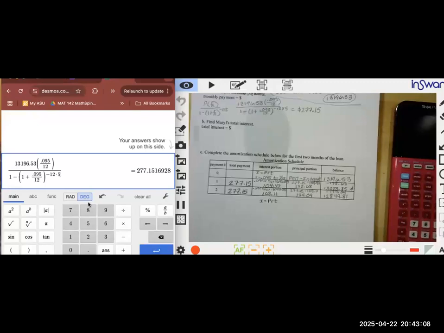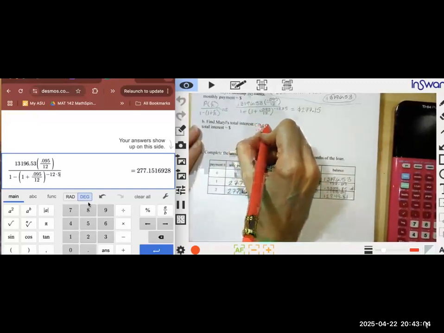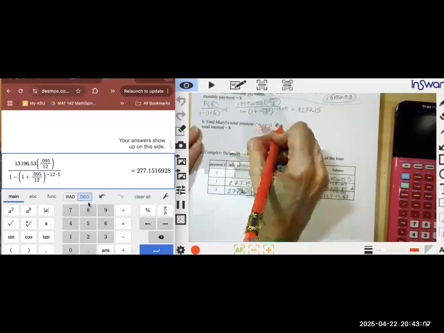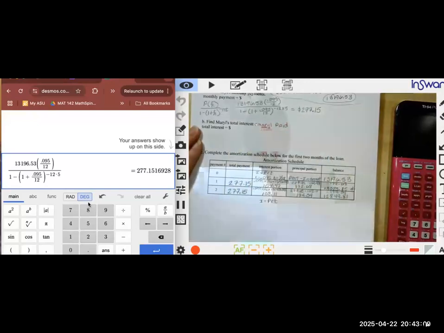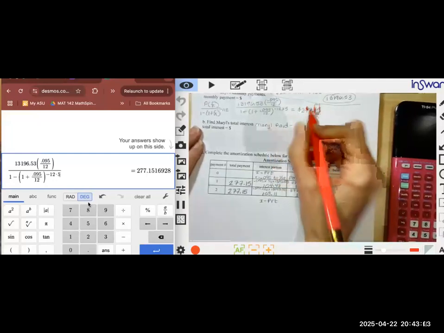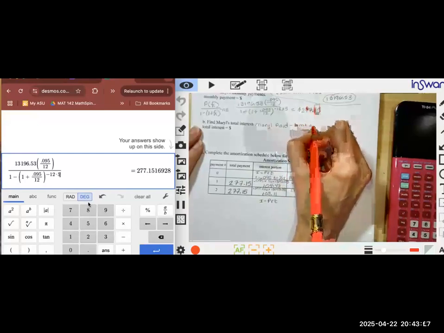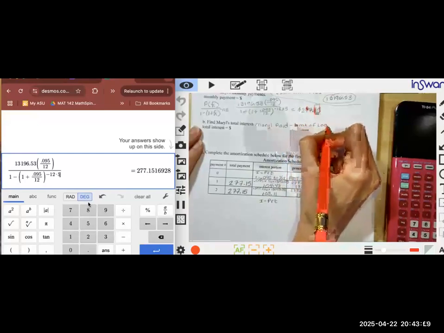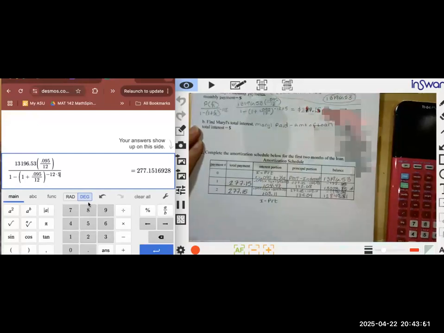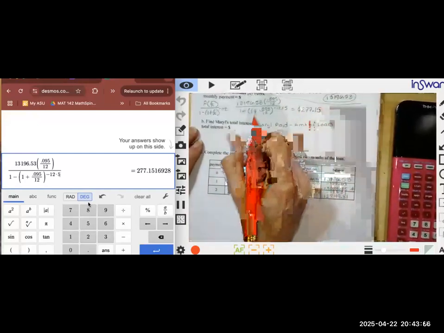We need to figure out how much Merrill paid, and then subtract out the amount of the loan. Okay, so she paid $277.15.